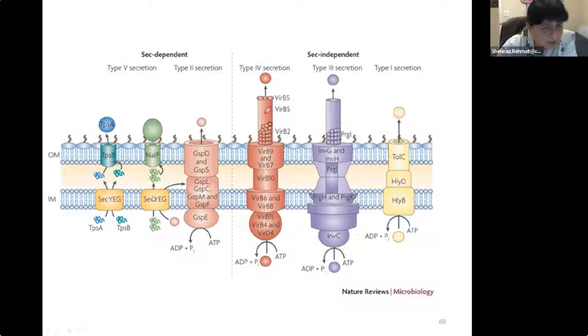So it's giving you a category to say that SEC dependent systems are type 5 and type 2, whilst your SEC independent systems are 1, 3, and 4. Does that help a little bit? This comes from a review in the Journal of Microbiology to give you more colored pictures of it, so that you see how these 5 systems that we've just described operate.